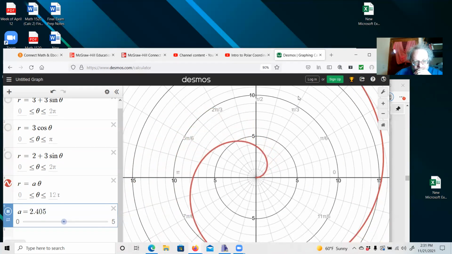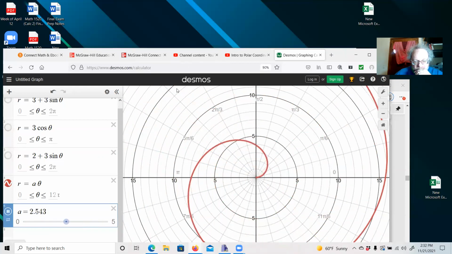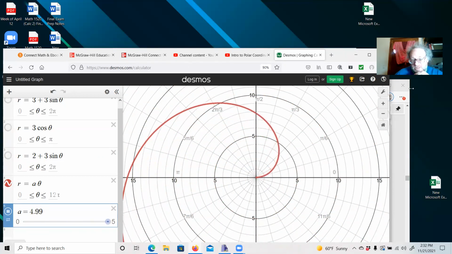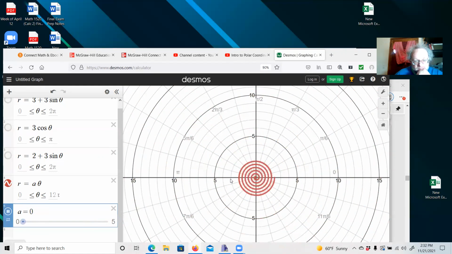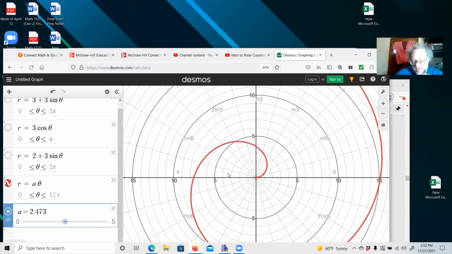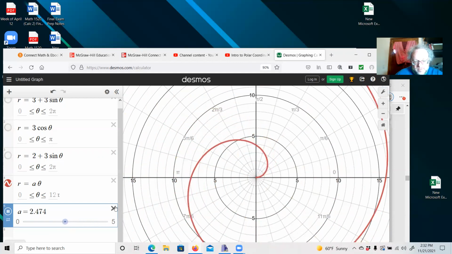Go ahead and take a look at that. So that would be a spiral. It's not a specific spiral. It's not the golden ratio or anything like that. It's just a spiral, but you could do that. A little bit easy, but that's okay.